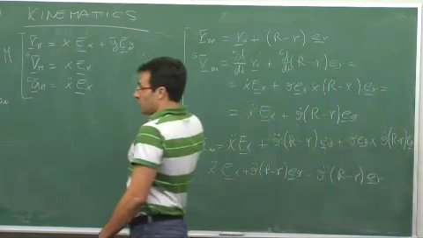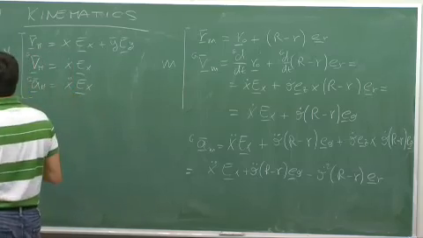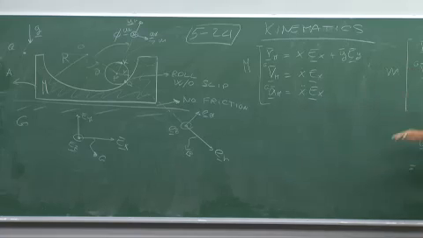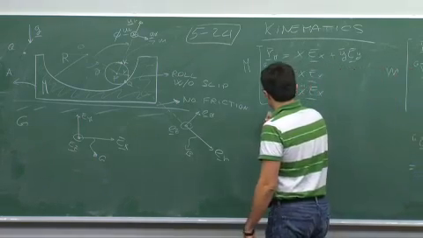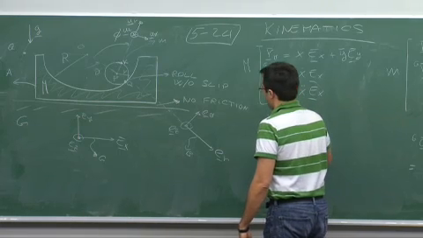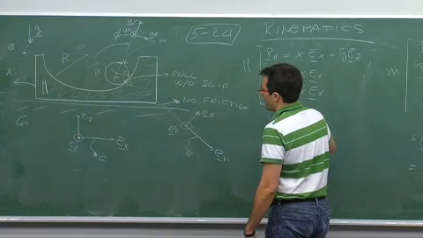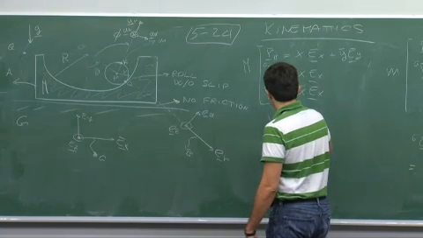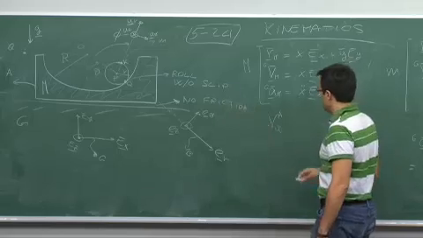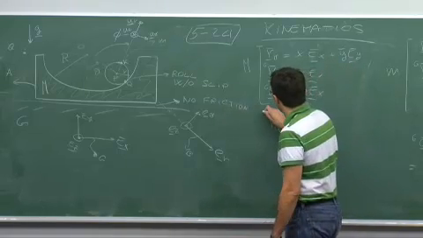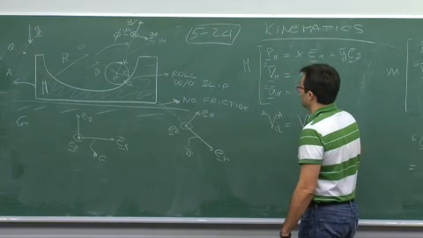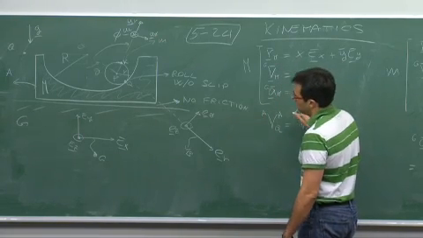What I haven't used, and this is still part of kinematics, is my roll without slip condition. So I have the kinematics of m, the kinematics of little m. I just have to use that condition. What does that tell me? The velocity of q as part of, what did I call that? I called the reference frame A, right? As part of A, which is the big M, as seen by A, for example, is equal to the velocity of q as part of, what did I call this?